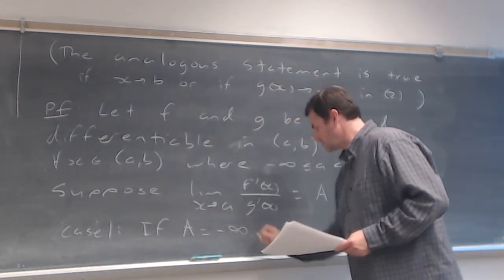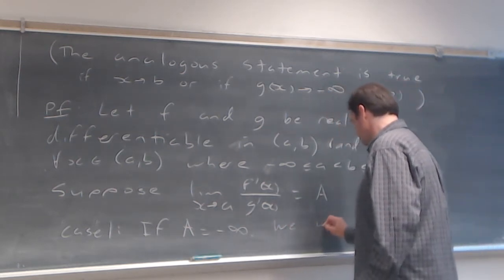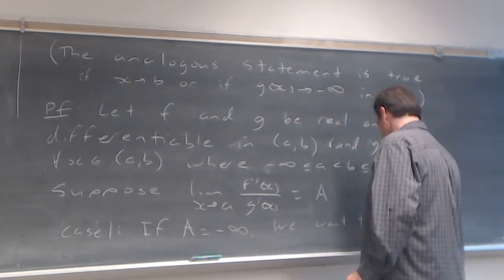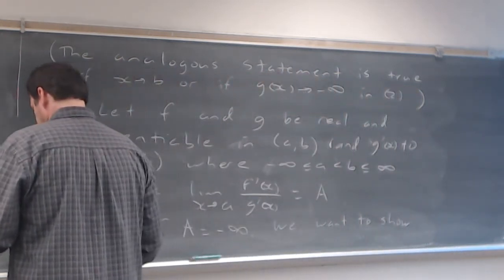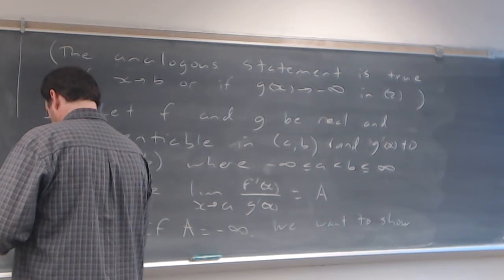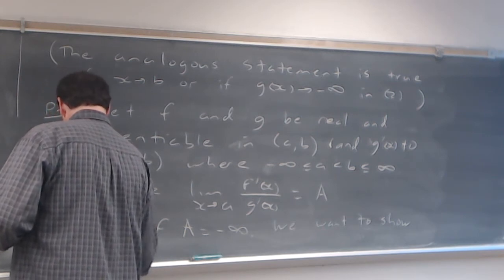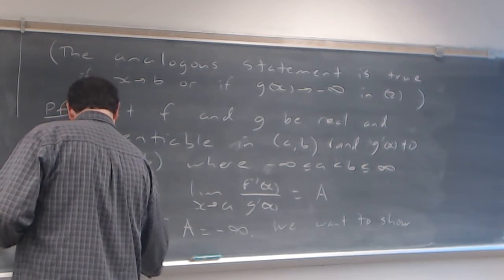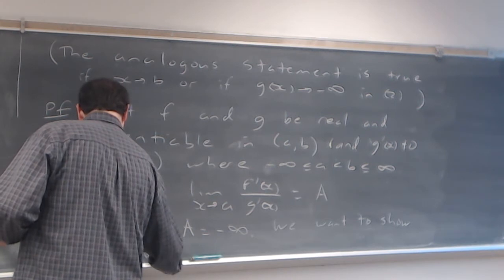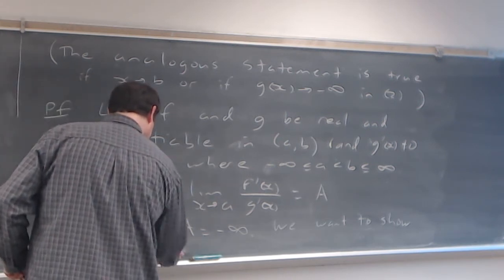Now, we want to show, under some more hypothesis, that the limit as x goes to a, really it's from the right, of f of x over g of x is also equal to A, which is equal to minus infinity.